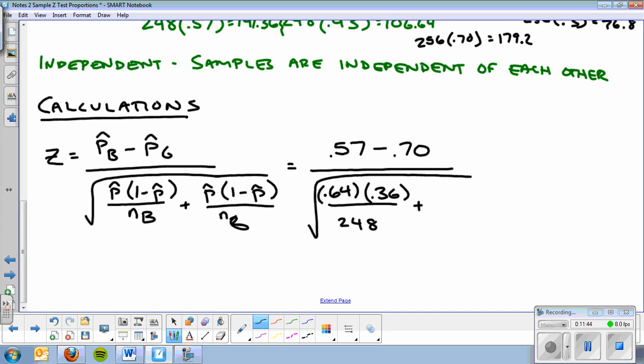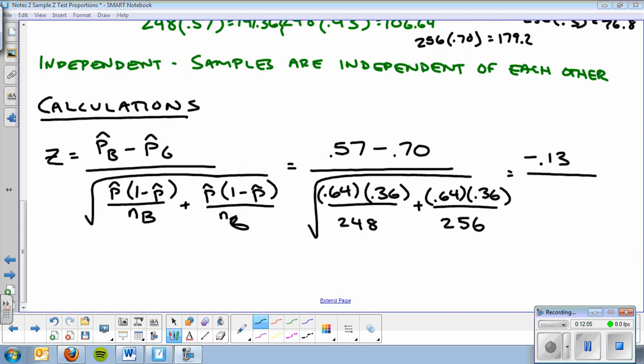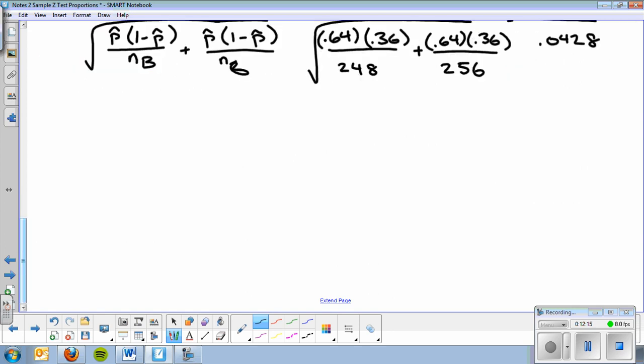So 248 plus 0.64 times 0.36 divided by 256. Okay. I'm going to get negative 0.13 up top. And on the bottom, again, I'm just going to type that in my calculator just as it is. I get 0.0428. I divide those two, and I get a z-score of negative 3.04.